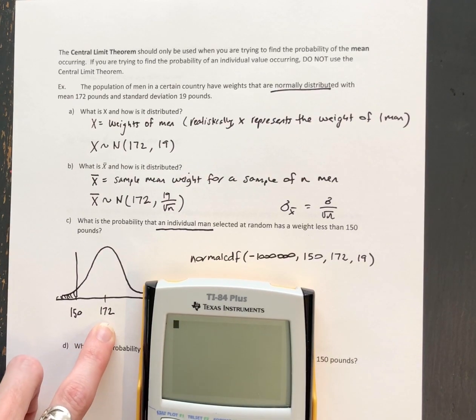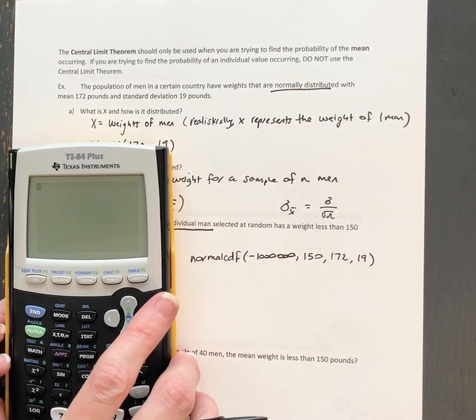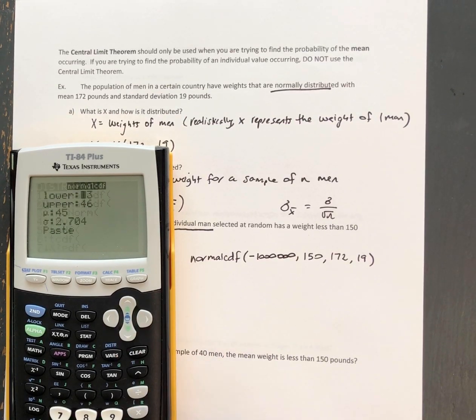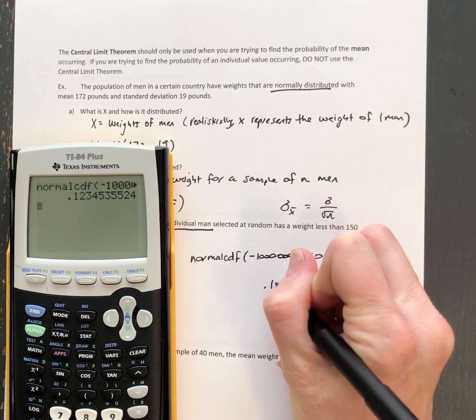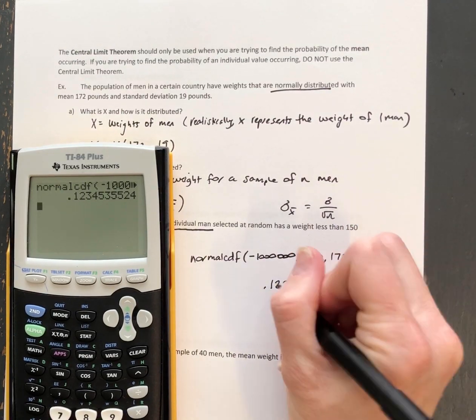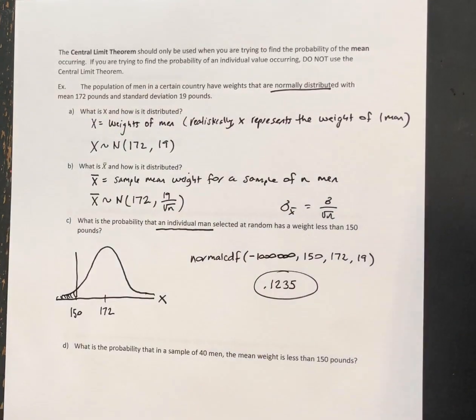And so in the calculators there, we're going to go to second distribution, normal CDF from negative 1 million to 150. Mean was 172, standard deviation was 19. And we get 0.1235 if we round to 4 decimal places.